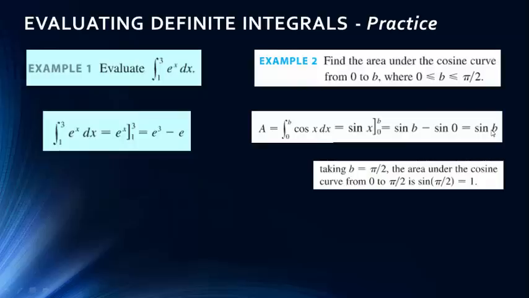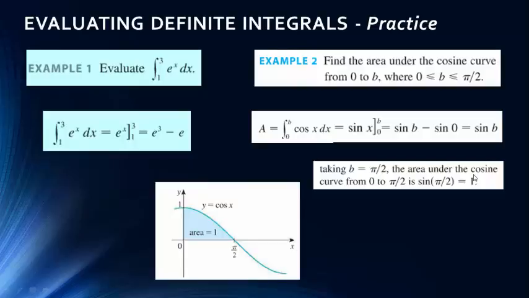Now taking b equals pi over 2, the area under the cosine curve from 0 to pi over 2 is sine pi over 2, and we just get the area of 1. From 0 to pi over 2 is simply 1.